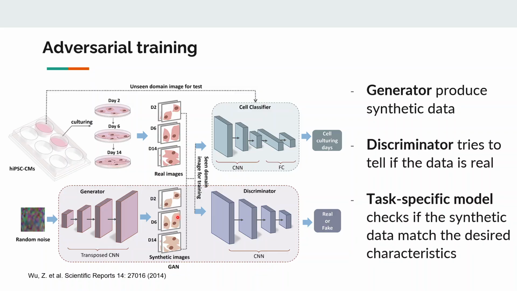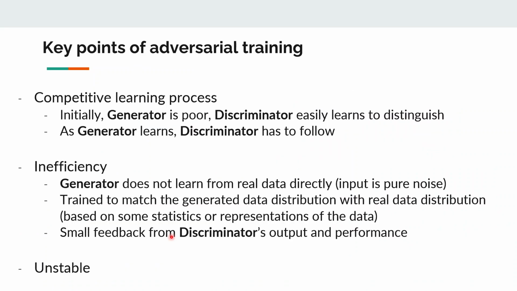It's not similar to when it sees the actual data, where it can tell how to optimize its generation to match the data. But in the adversarial design, it only knows that these are bad and these are good, but there are no details about how to make the bad data look better. So these techniques, although the concept is very simple and it can be successful in certain situations, are very inefficient, and also unstable, because there's no real feedback from the actual data into the model.